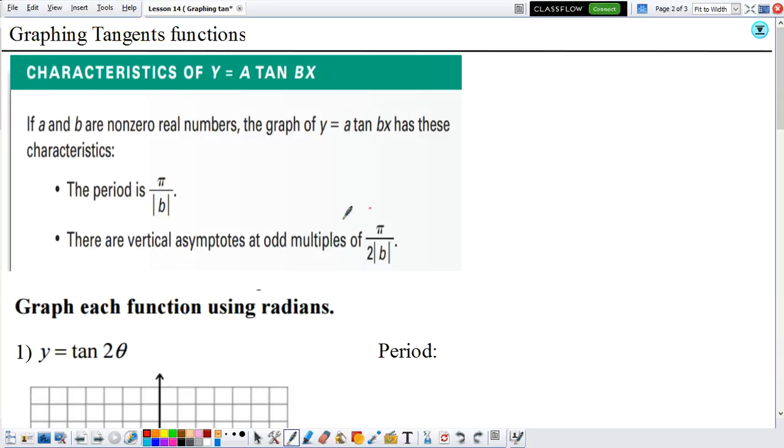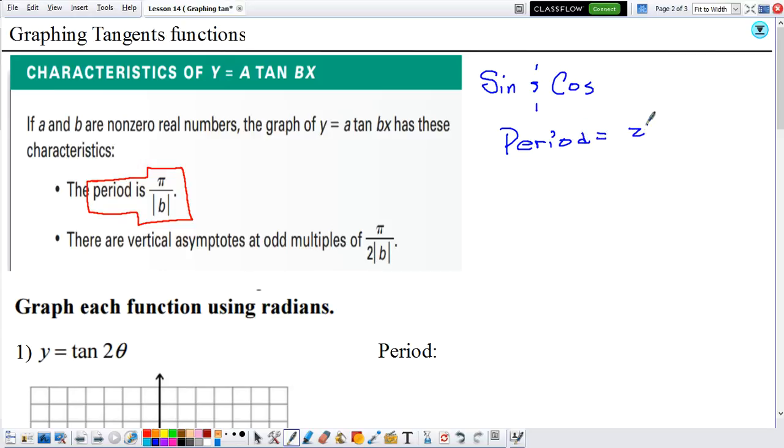So now here are some key ideas. Notice the first thing here is that if we're going to be graphing tangent, our period is going to change a little bit, because when we talked about sine and cosine functions, we noticed that the period that we were using was 2 pi over b.